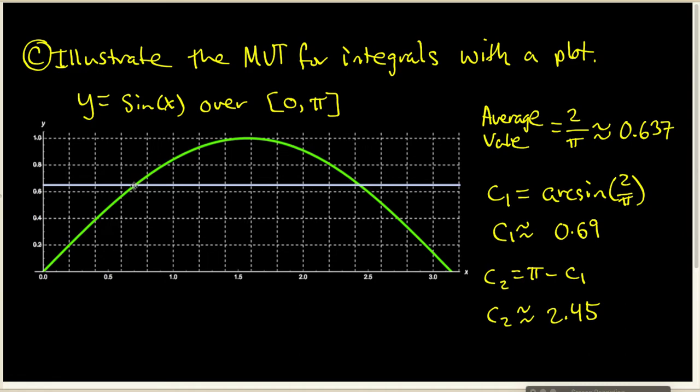And now what I want to do is I want to kind of drop this line here and this line here. And now I simply need to label these lines. This horizontal line is y is equal to the average value.